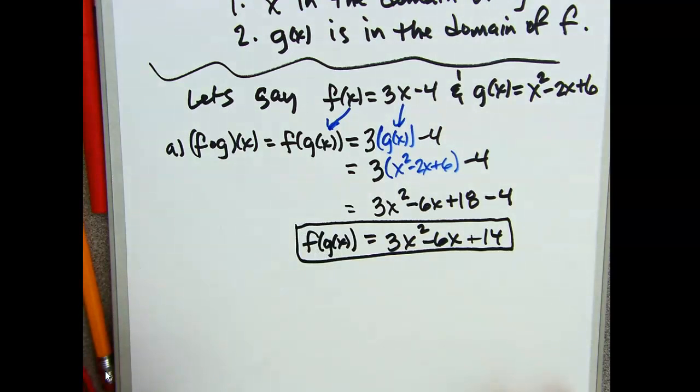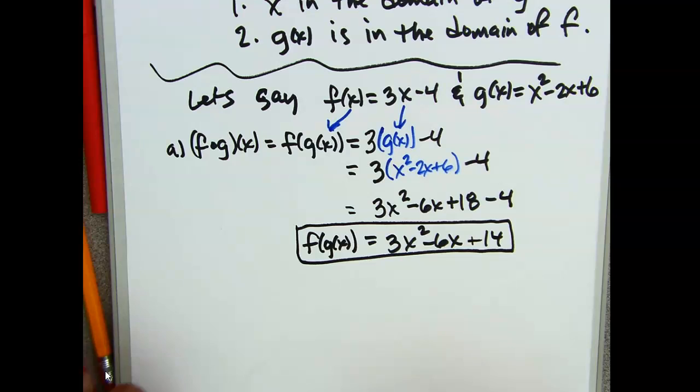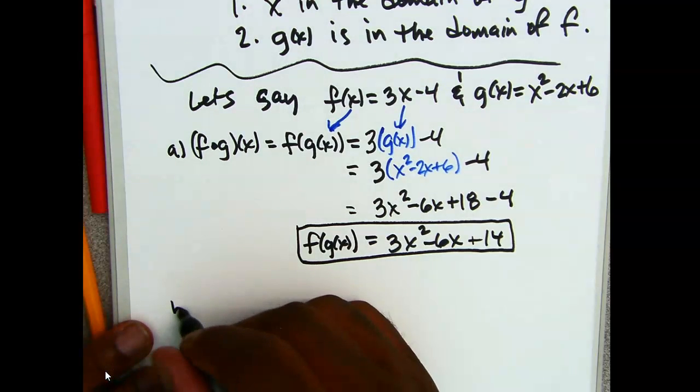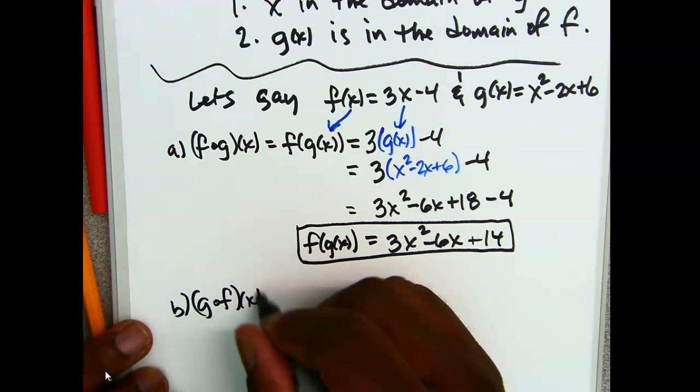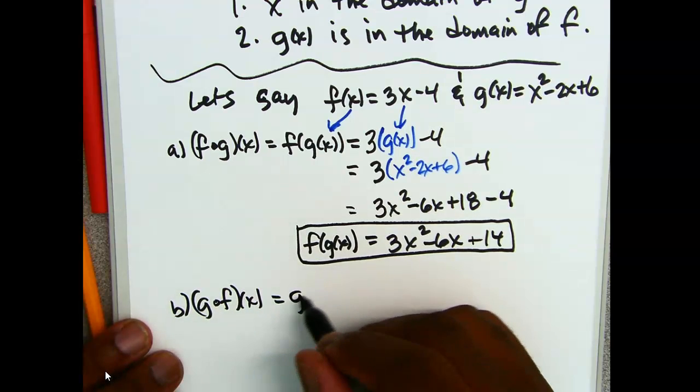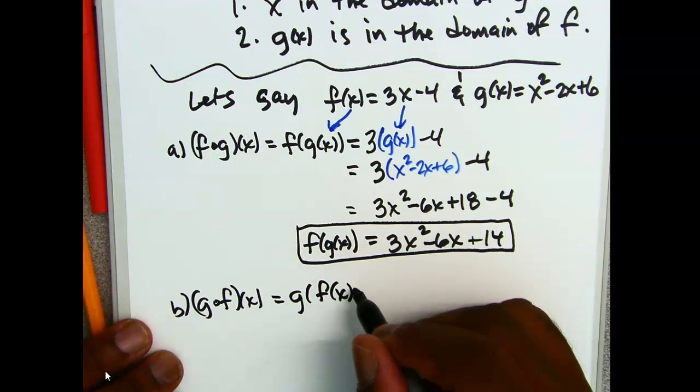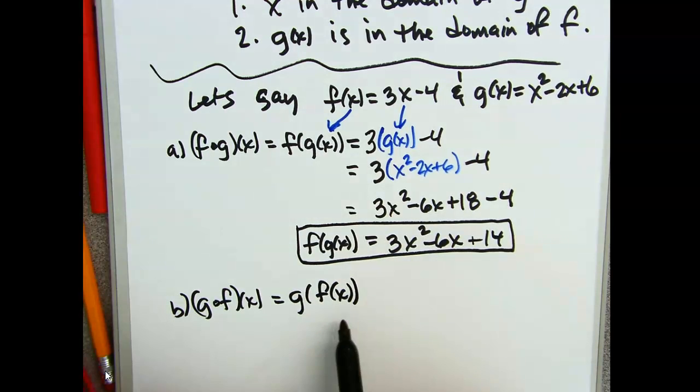Okay. Now, how about g of f of x? So now your inside function is f, your outside function is g.